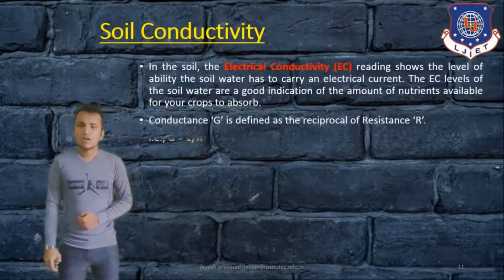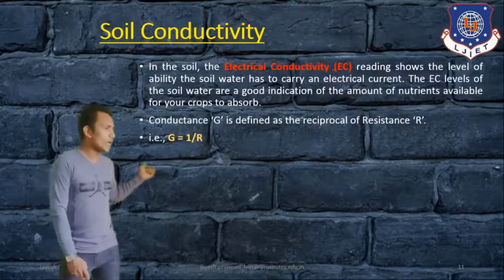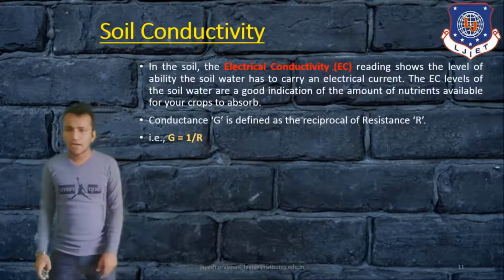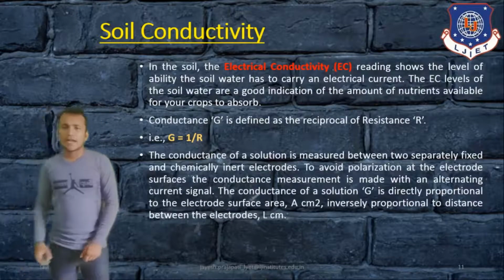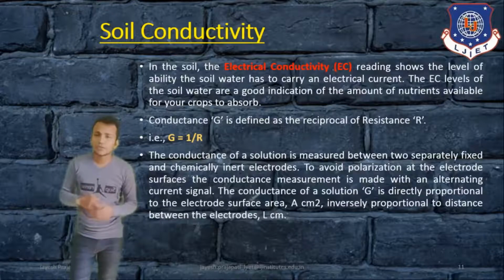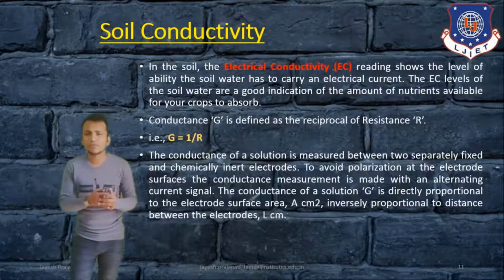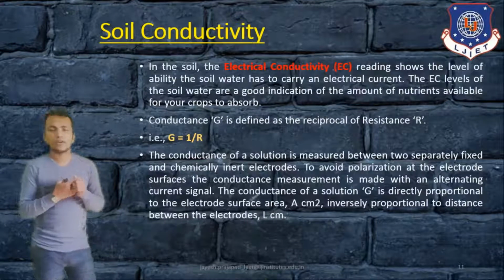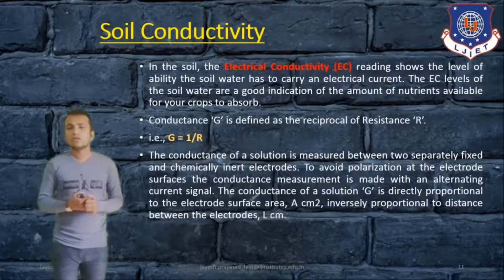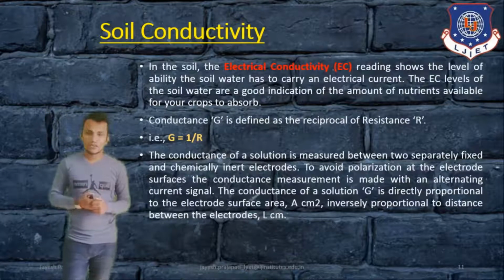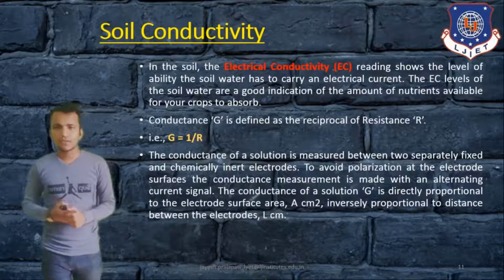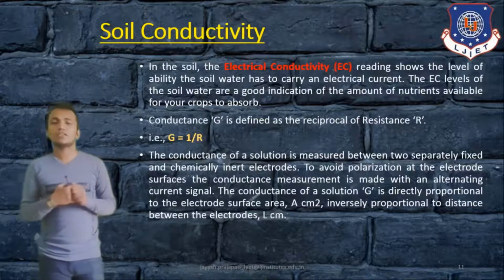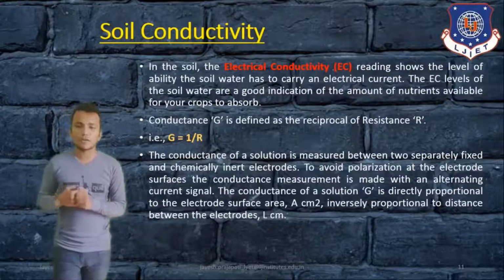Then the conductance of a solution is measured between two separately fixed and chemically inert electrodes. To avoid polarization at the electrode surface, the conductance measurement is made with an alternating current signal.